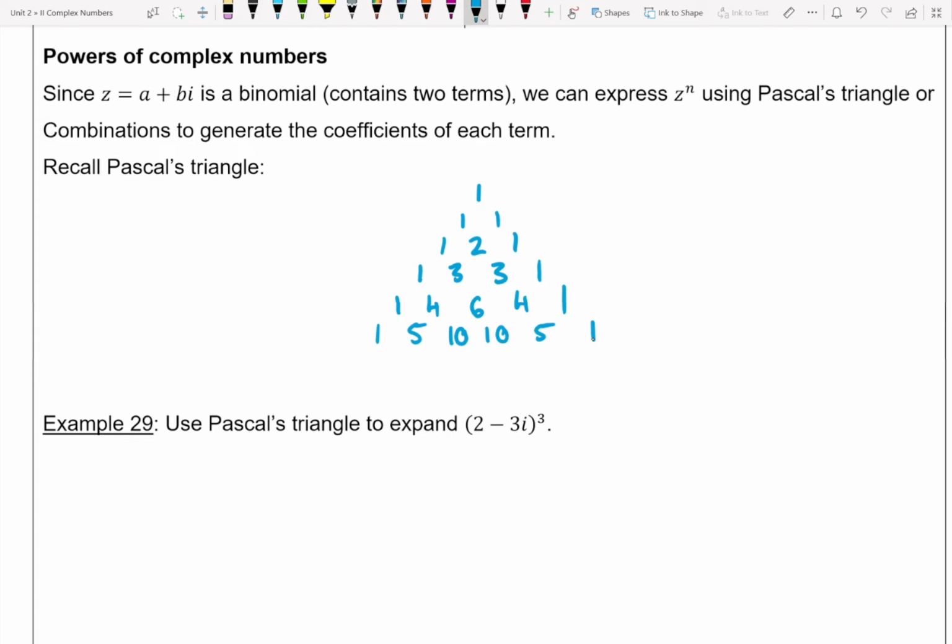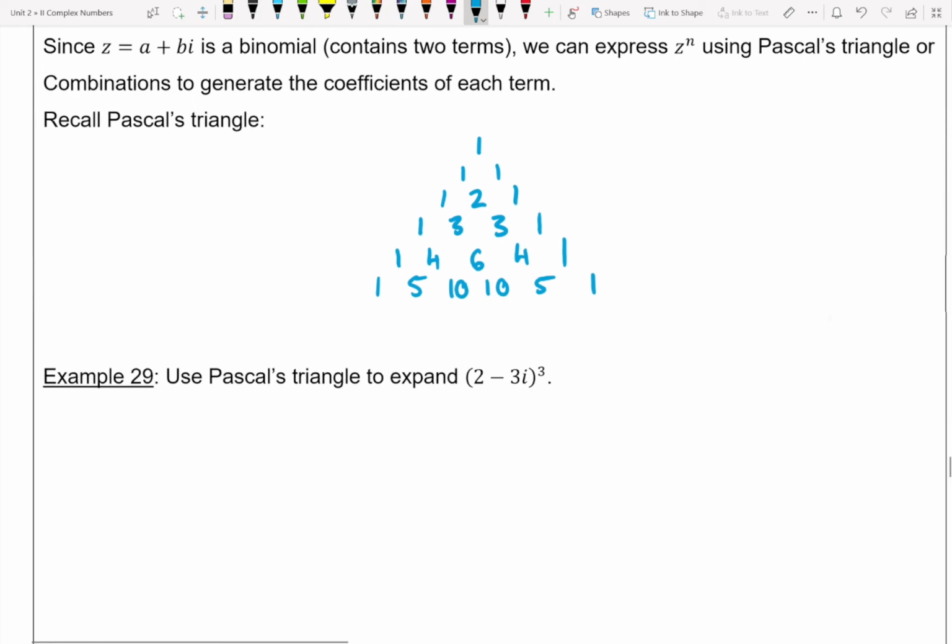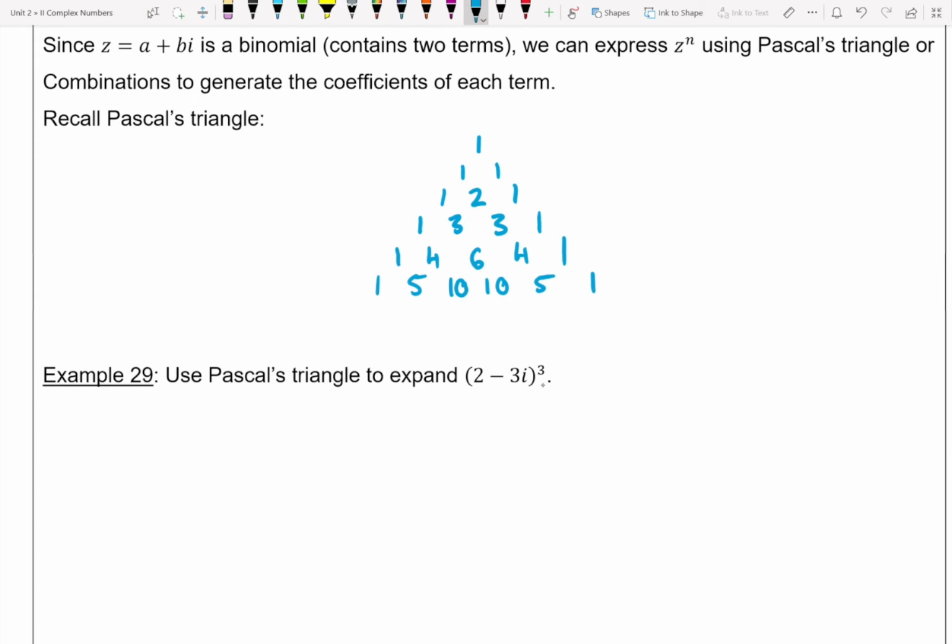So in this case, we want to use Pascal's triangle to expand 2 minus 3i to the power of 3. So when we have to the power of 3 here, we're looking at this row with 1, 3, 3, 1 here.